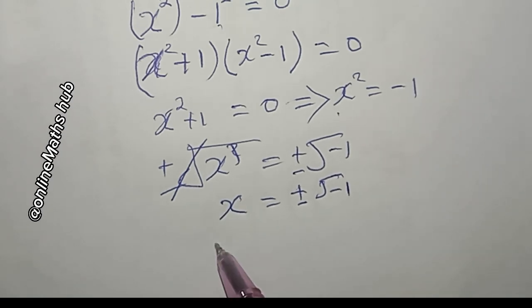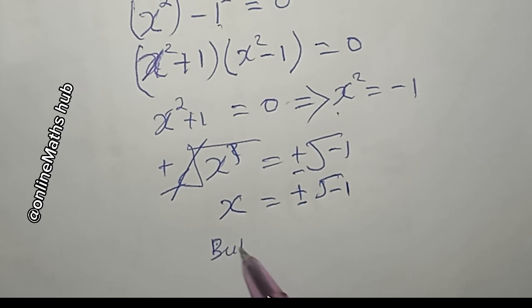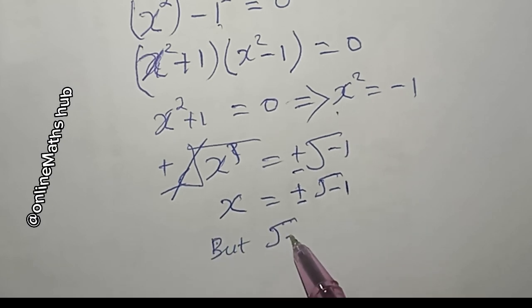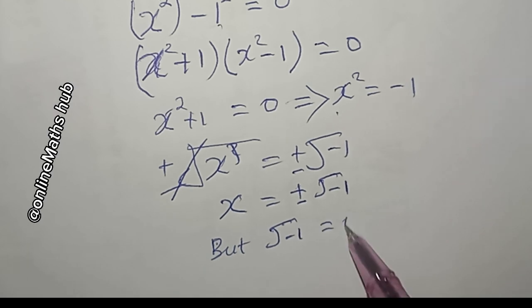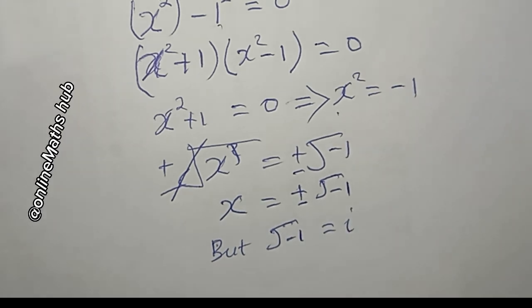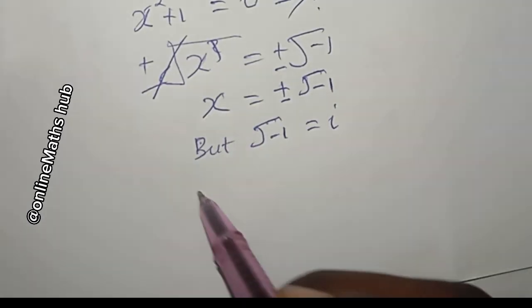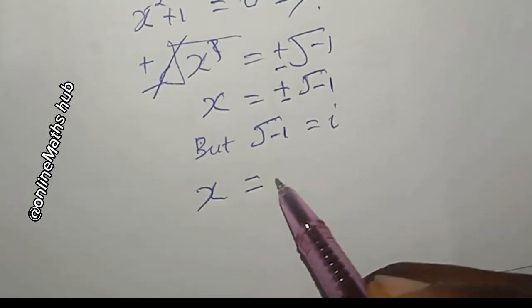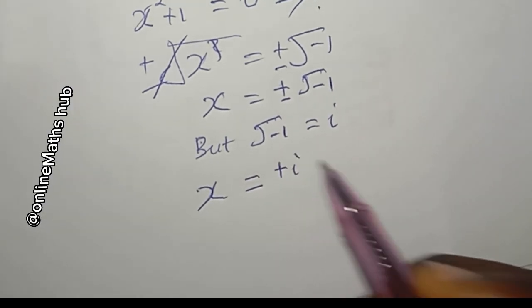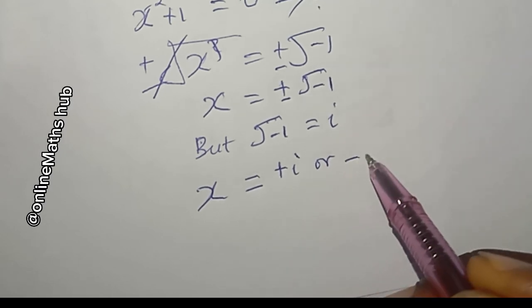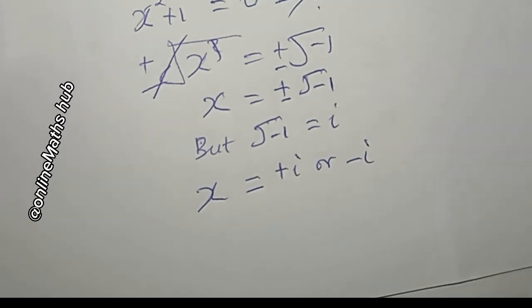But you know that root minus 1 is equal to i. So the values of x here are plus i or minus i. That is what we have right here.